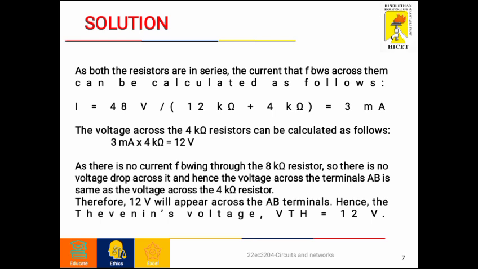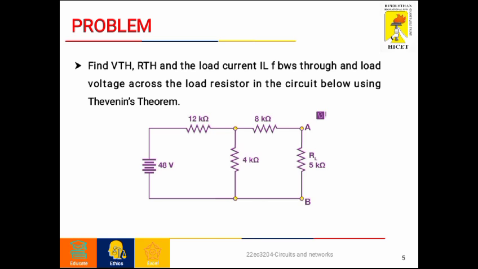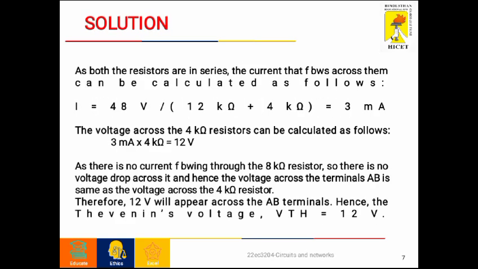So I is equal to V by R. V represents the total voltage, that is 48 volt, and R represents the total resistance. We already removed the 5 kilo ohm resistor, so the remaining two resistors, 12 kilo ohm and 4 kilo ohm, are connected in series.